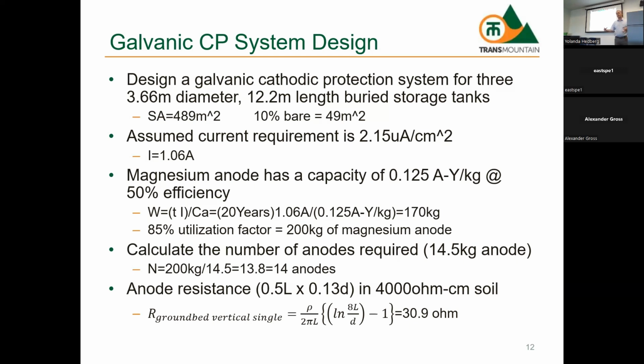We have the length of the anode, the diameter of the anode, the soil environment, and what else do we need? The resistivity. That's what we need to figure out: what is the resistance in the galvanic series circuit of that anode? And we get 30.9 ohms.